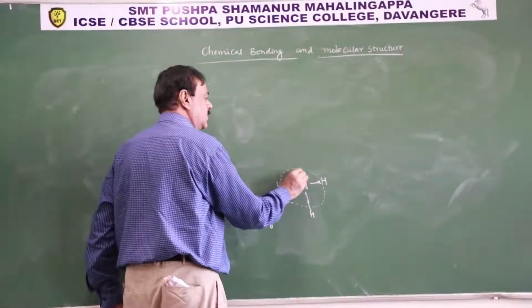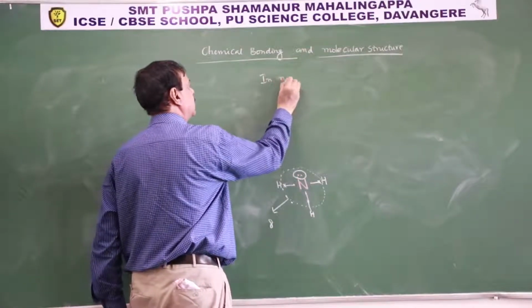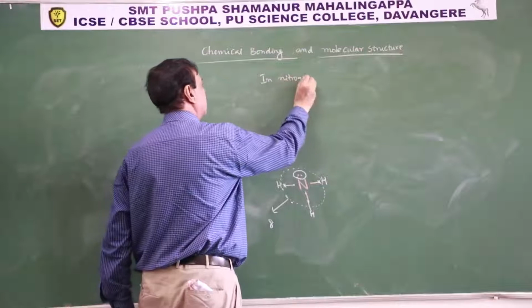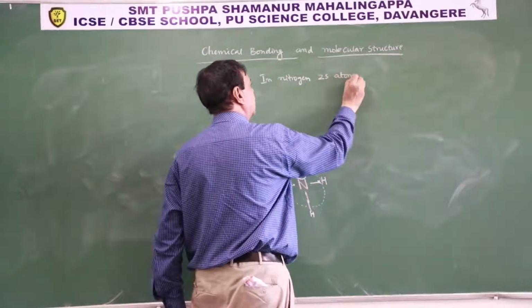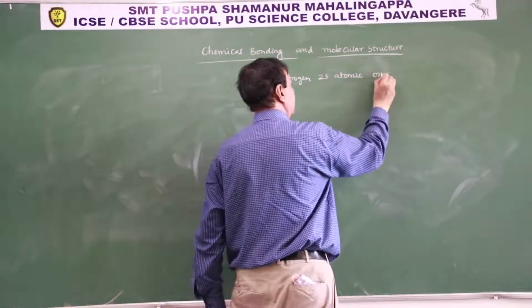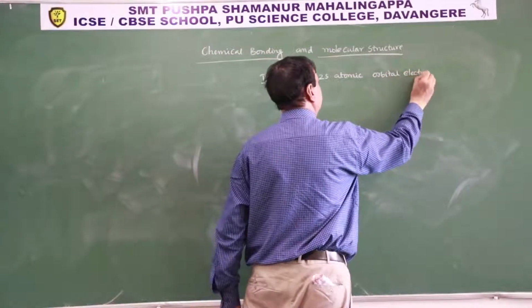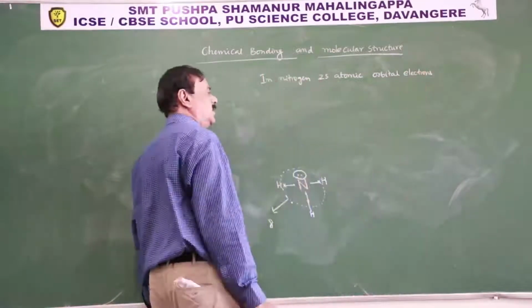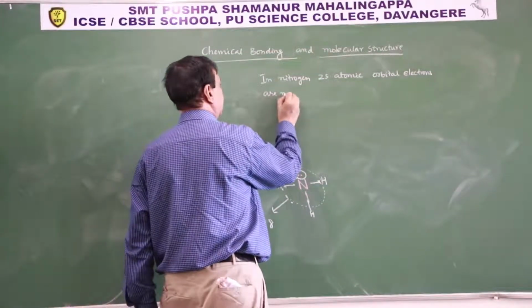Important: in nitrogen, the 2s atomic orbital electrons are not involved in the chemical reaction.